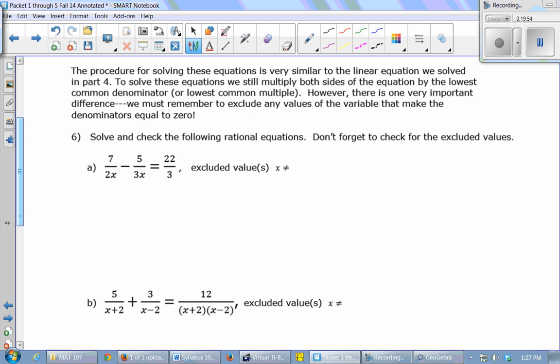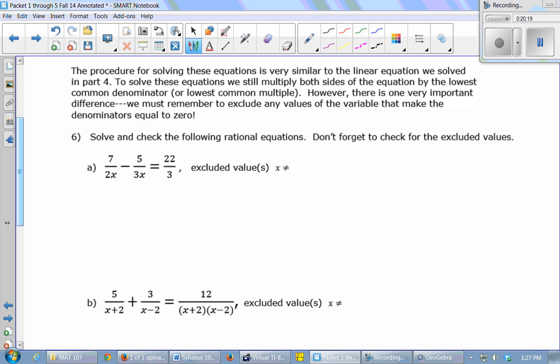The procedure for solving them is very similar to solving the linear equation we did before. You still multiply both sides of the equation by the lowest common denominator. You just have to remember to exclude any values of the variable that make the denominator 0, right? We talked about that last class.